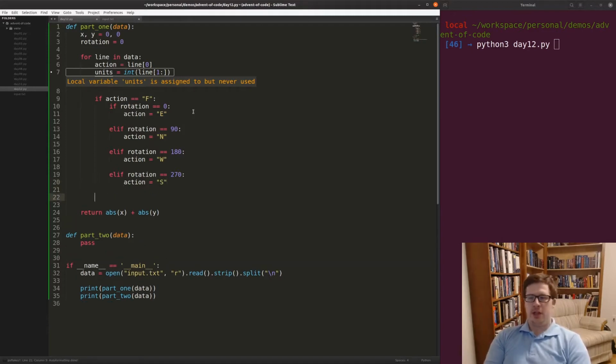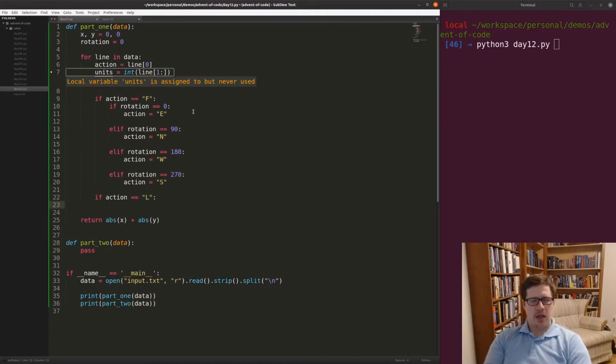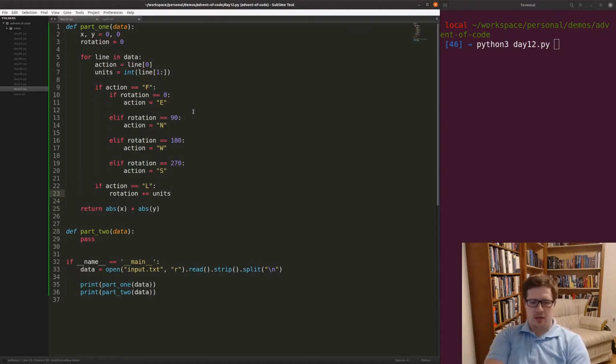Which is going to be, if action is... so we're going to do the rotations first. So if action is left, we're going to say rotation plus equals units. So essentially, it will keep rotating us.